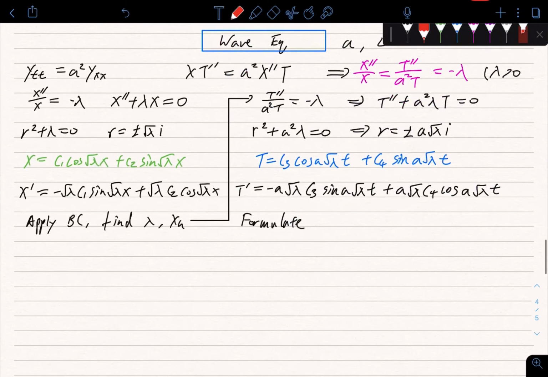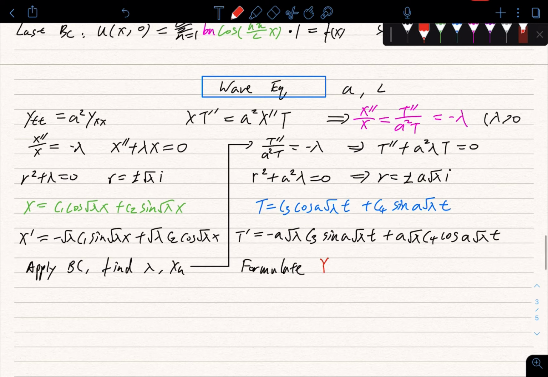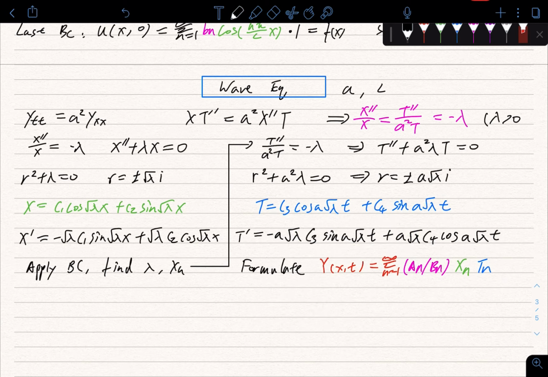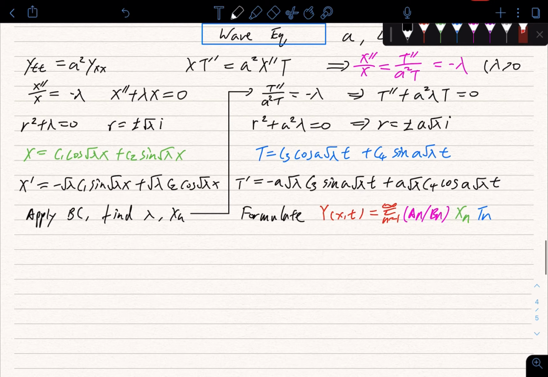Oops, my bad. Let's formulate y of x, t equals an infinite series. Here's the interesting part: A_n or B_n or both, times X_n T_n. I'll explain what the A_n and B_n mean really quickly. Again, we can solve this differential equation in two ways.